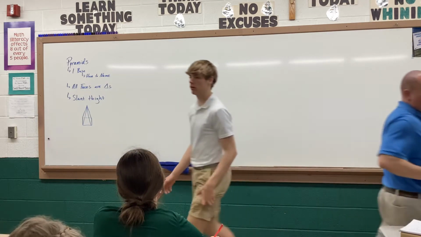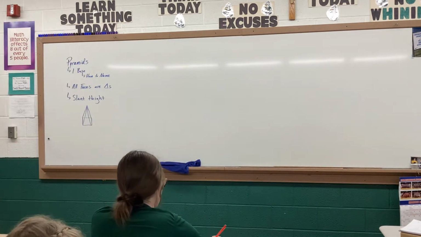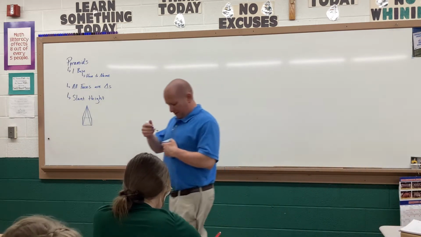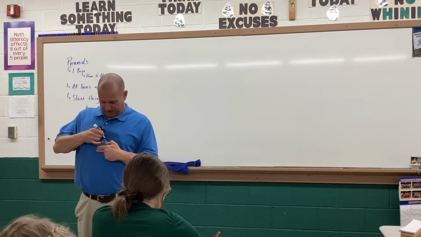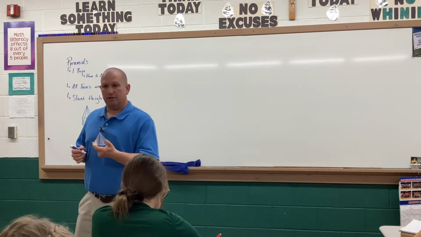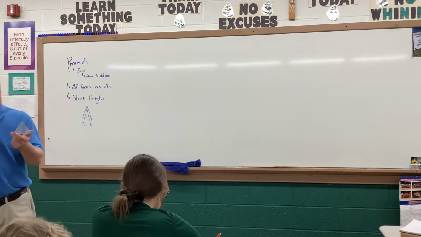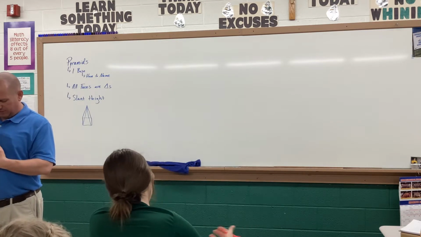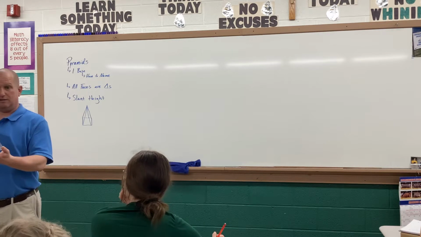So when we're talking about the slant height, we're actually talking about this line right here, from the vertex straight down to one of the edges of the triangles. And why we need this is to make that 90-degree angle there, right?